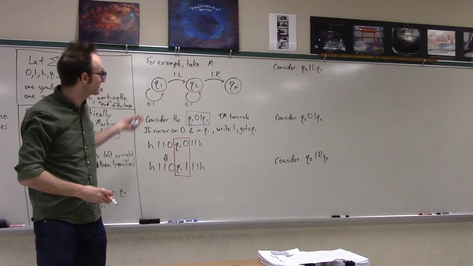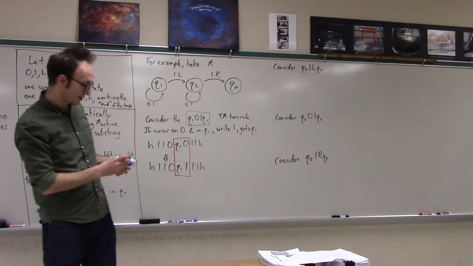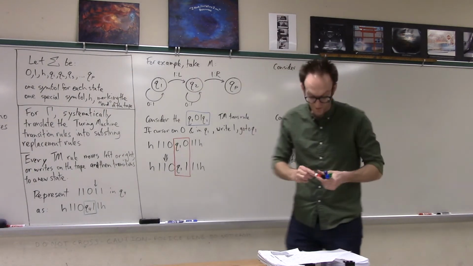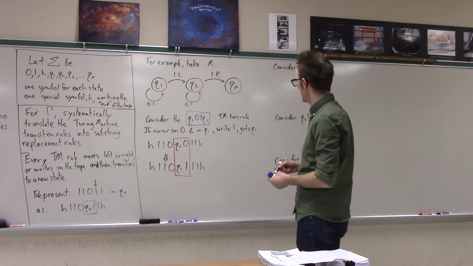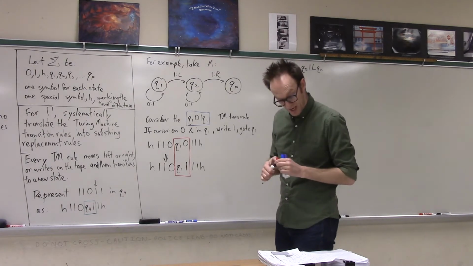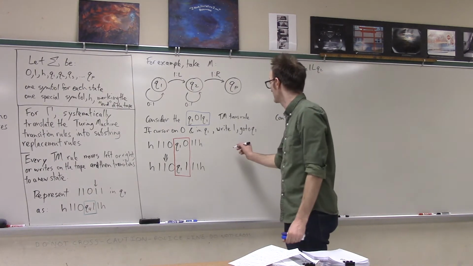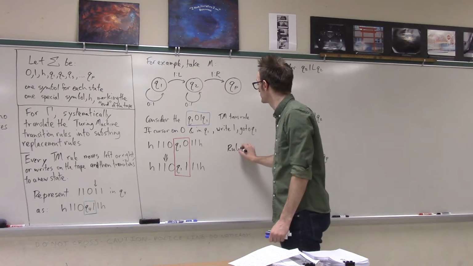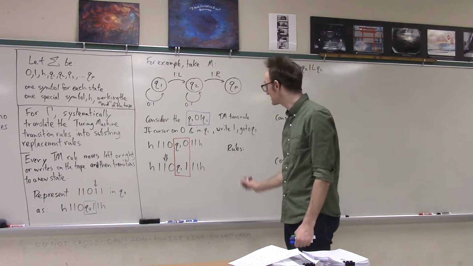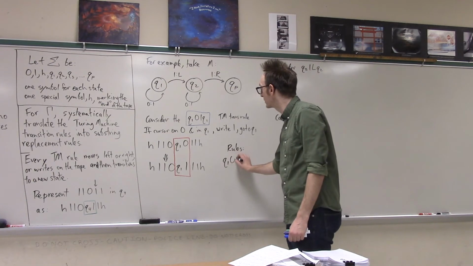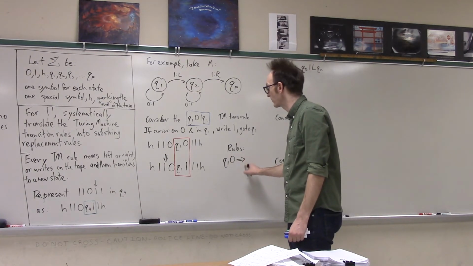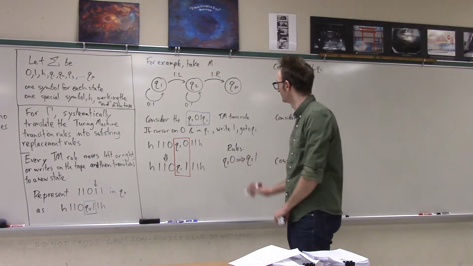Okay, and so in fact, it's not just this rule. What I'm proposing in general is the following substring replacement rule. Here are my rules: anytime you see a Q10, replace it with a Q11.